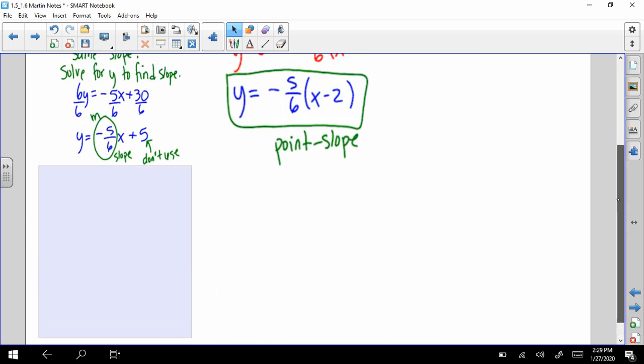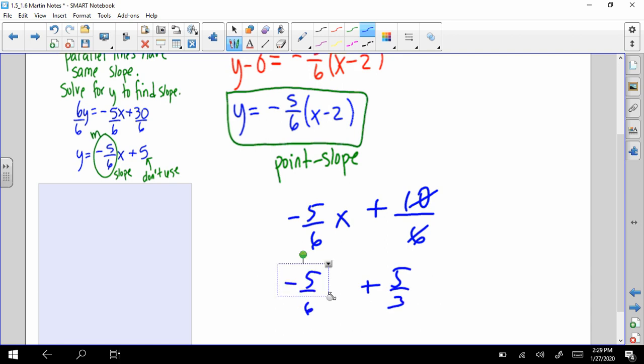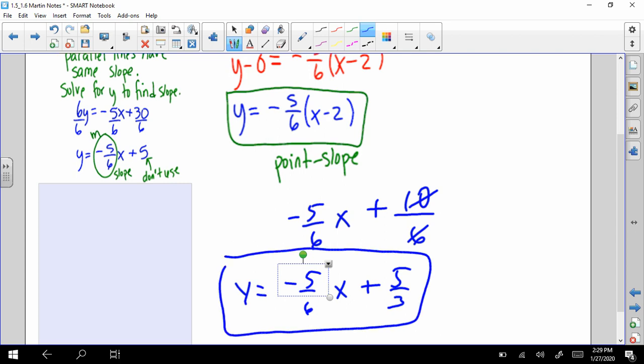If I'm going to change that to slope intercept, I'll get negative 5/6 x. I'll get positive 10 over 6. It should reduce to 5 over 3. Okay?